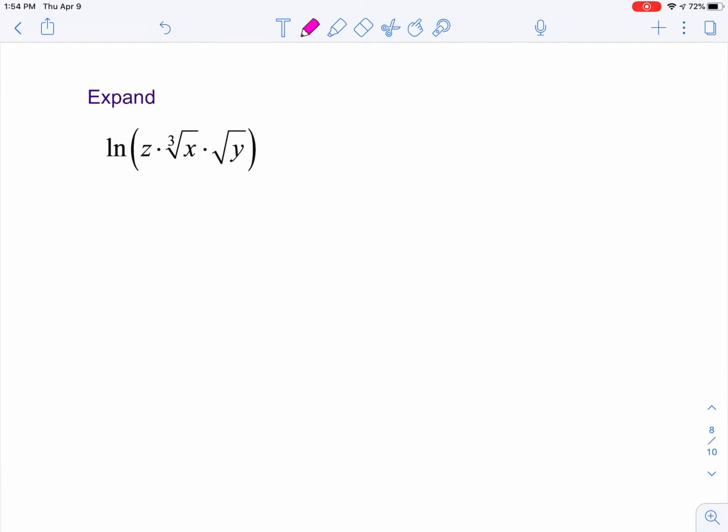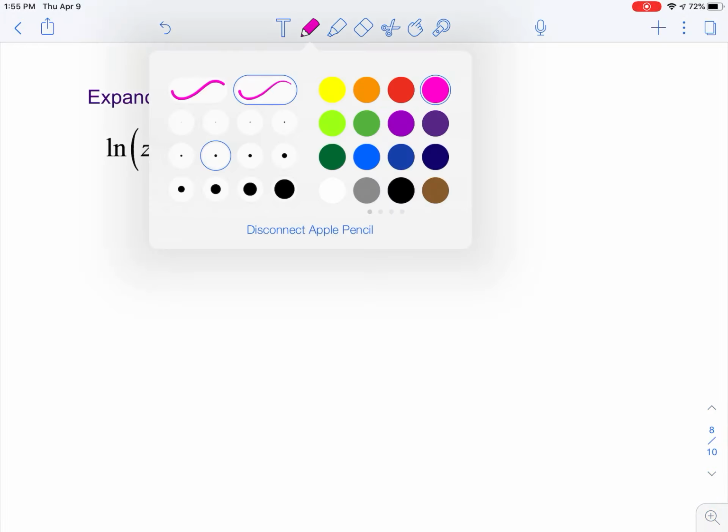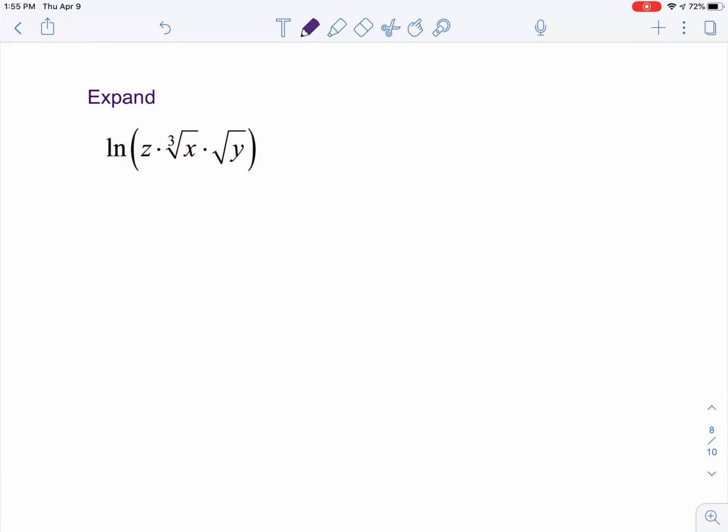Okay. We have natural log, and the first thing we do is count. I have a 1, a 2, and a 3. So I'm going to have the natural log, the natural log, and the natural log. Next, I'm going to put the values.